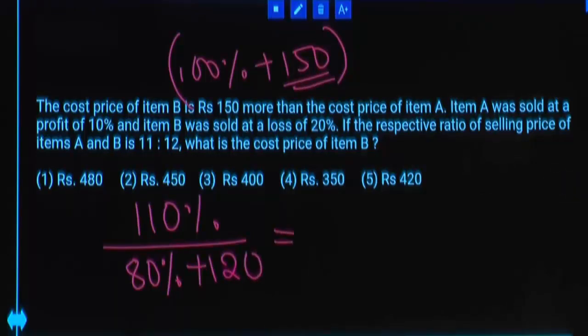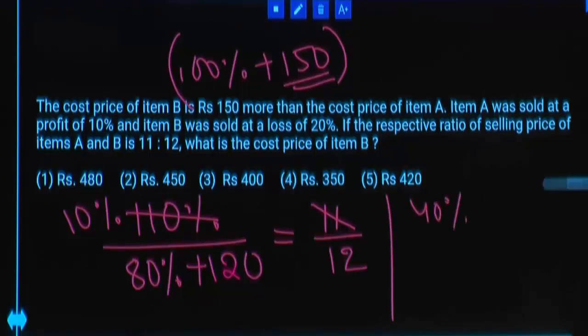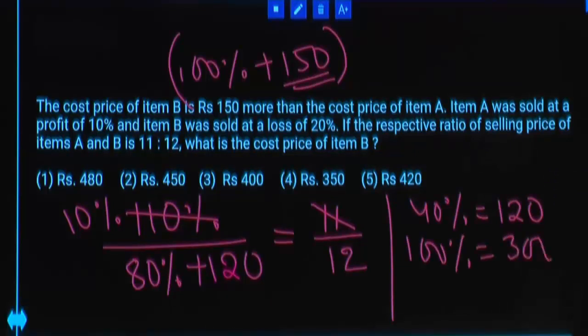And now the selling prices ratio is given as 11 by 12. 11 how many times? 10 times. That means 120% is equal to 80% plus 120. 40% is equal to 120. 100% is equal to 300. You are asked about cost price of B. So you need to add 150. 300 plus 150, 450.